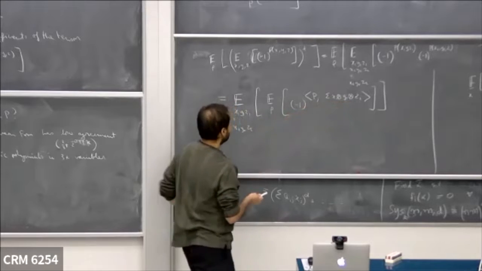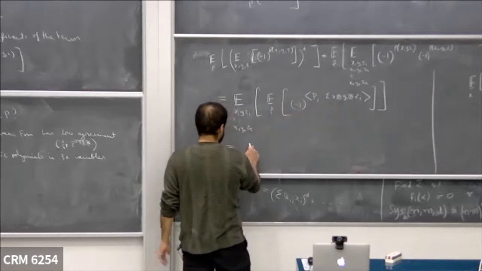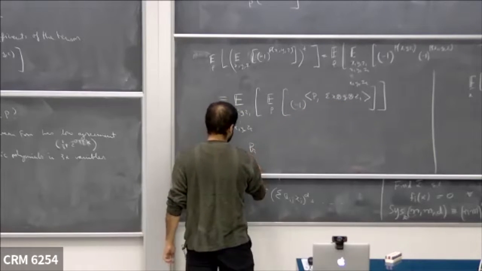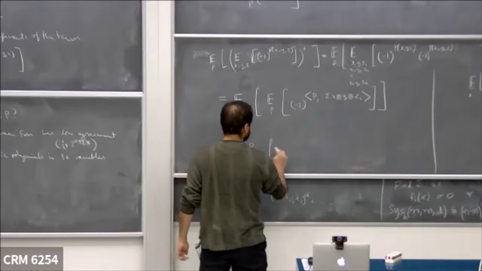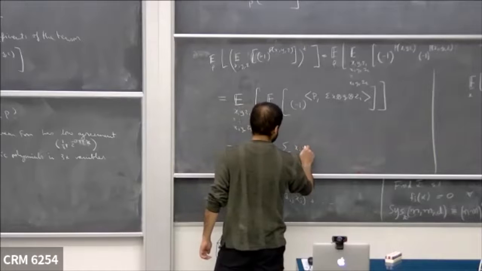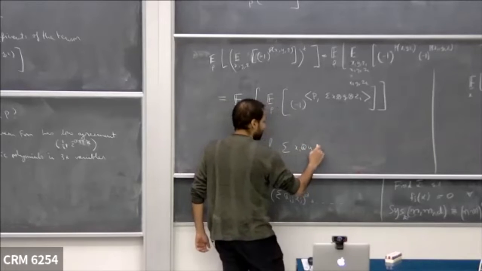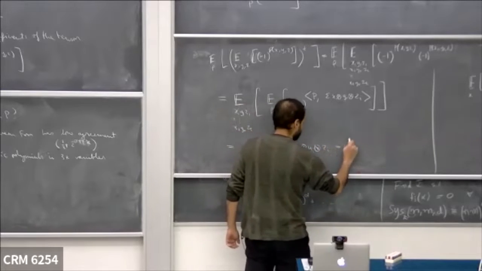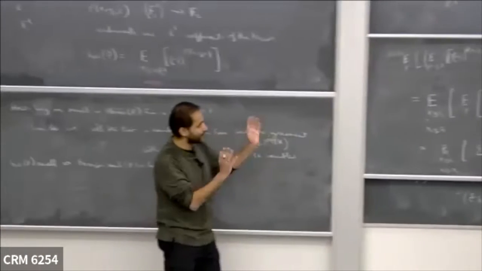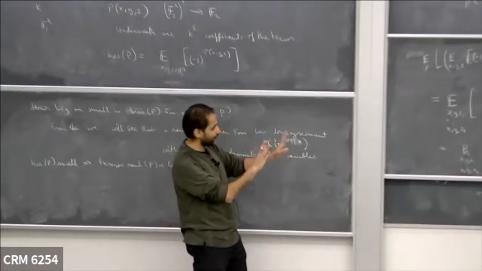So this is equal to exactly the probability, over X1, Y1, Z1 all the way up to XT, YT, ZT, that the summation of Xi tensor Yi tensor Zi equals 0. This is the kind of question we want to study.